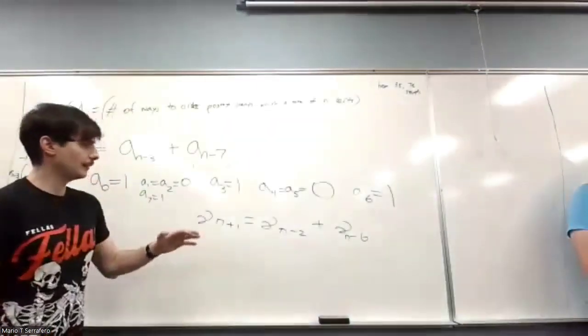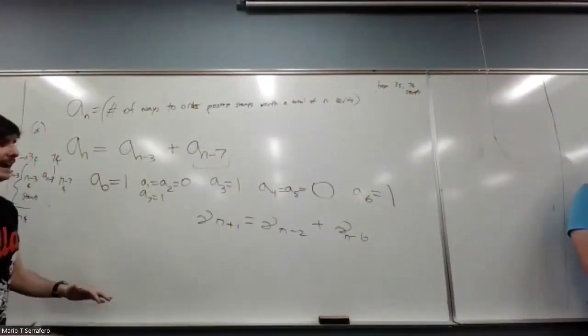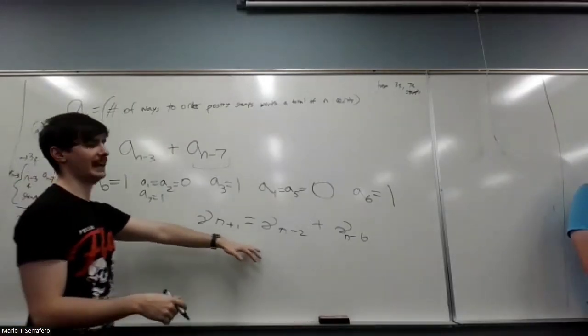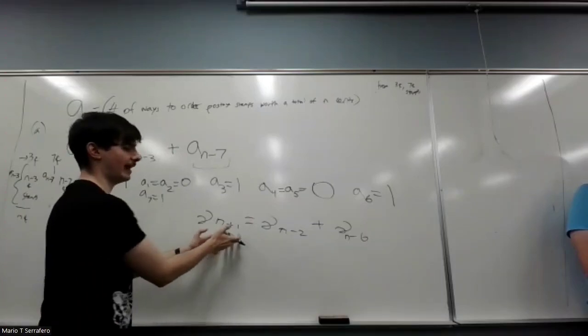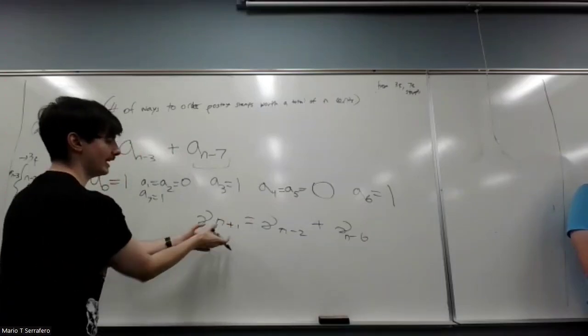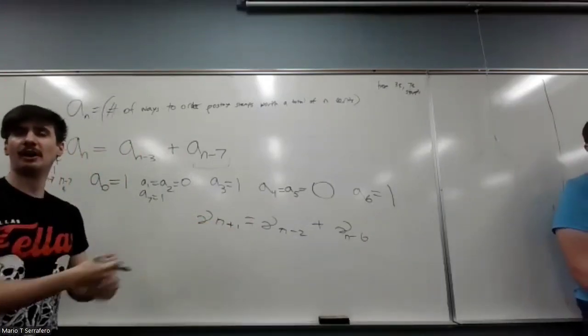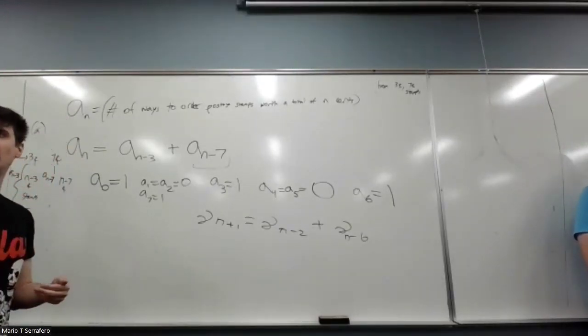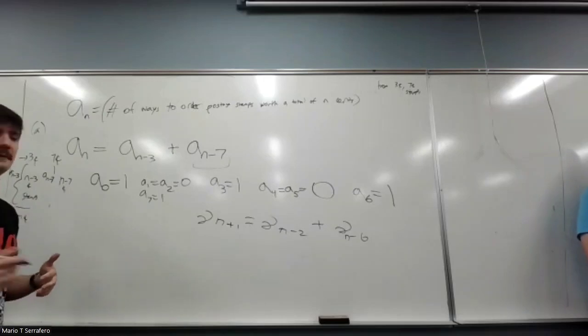So this says, assume that I have n postages and I want to count the ways of getting to n plus 1. Now my options are adding 3 or adding 7, right?